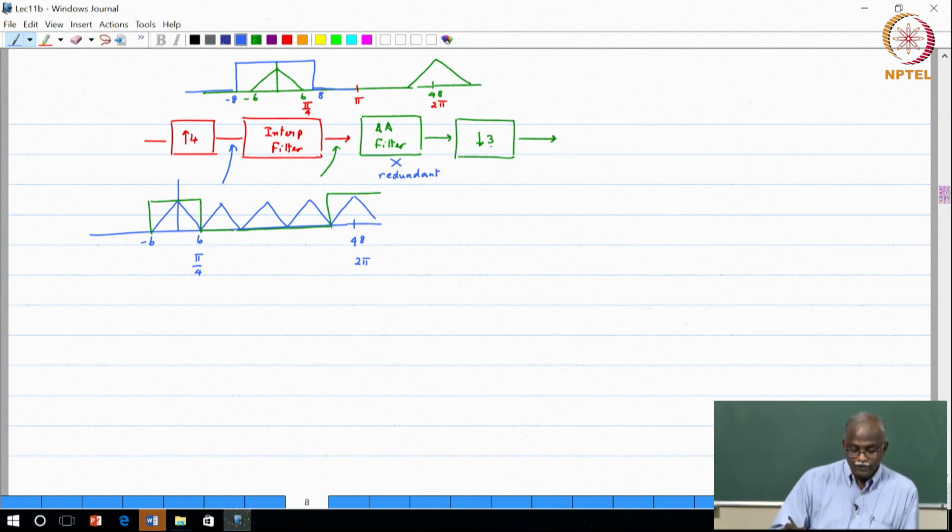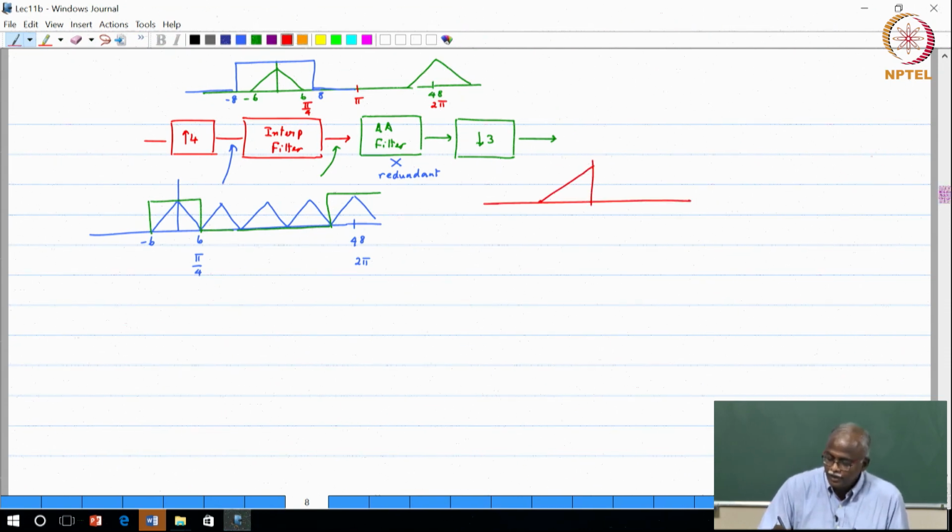So, then I do the downsampling. Downsampling basically says that this frequency, which corresponds to 8 kilohertz, which is actually the pi by 3, pi by 3 will become the same as pi. Okay. So, effectively what happens at the output of the downsampling process, input signal goes from minus 6 to 6, minus 8 to 8, this actually becomes the new pi because of the frequency stretching, this is minus pi.